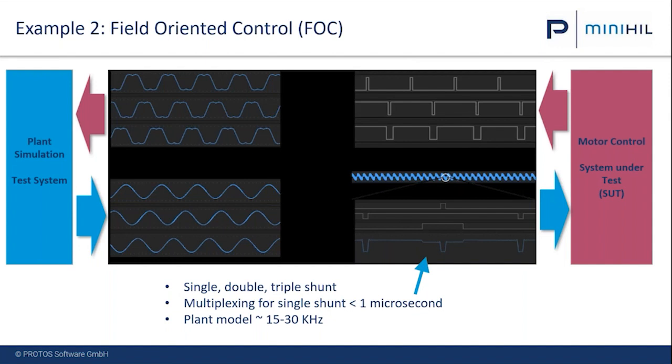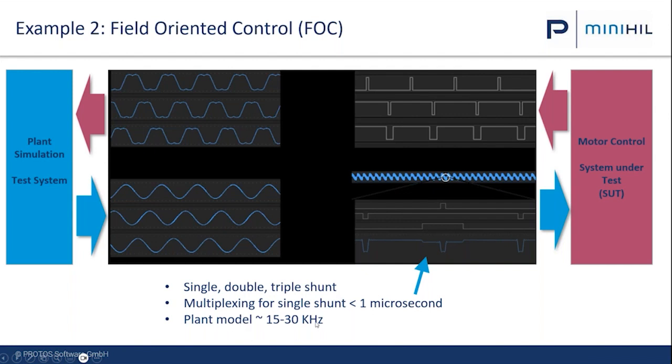Then the next example for a typical motor control would be a field-oriented control. In this case, you have again 3 PWMs, and they are measured. And the test system then produces 3 analog outputs. They are merged possibly into 1, 2, or 3 analog outputs for the motor control system. So you can work with single, double, or triple shunt simulations.